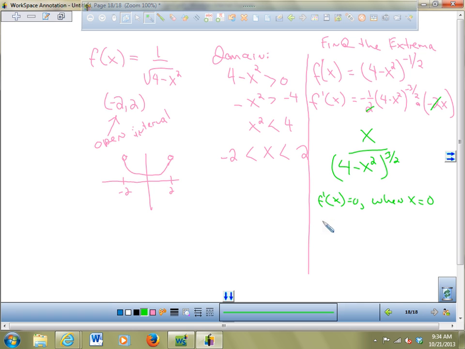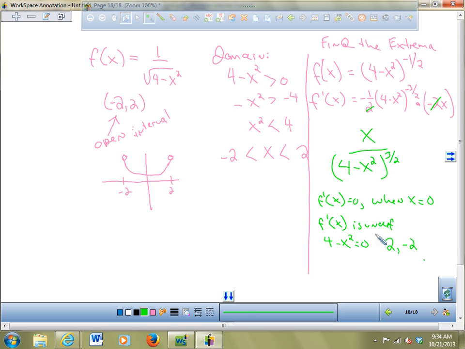And then where is f prime of x undefined? When the bottom equals 0. So when 4 minus x squared equals 0, which, if I solve this, I get at +2 and -2, but we already eliminated those from places where I could have extrema, okay?